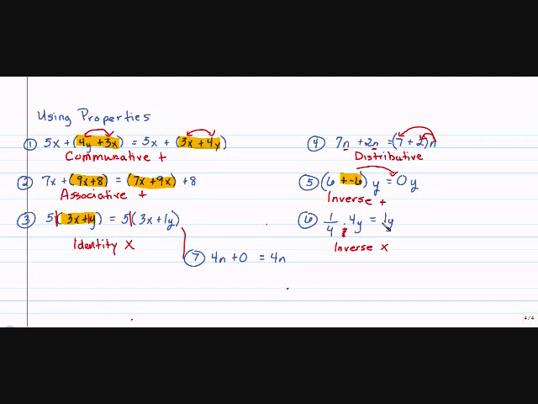Okay, number 7. I saved the hardest one for last. Let's see if you can do this one. 4n plus 0 gives me the same thing back. If I were to look in the mirror, I would see myself.